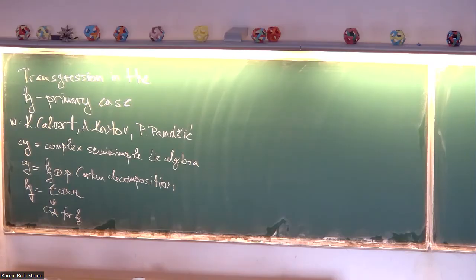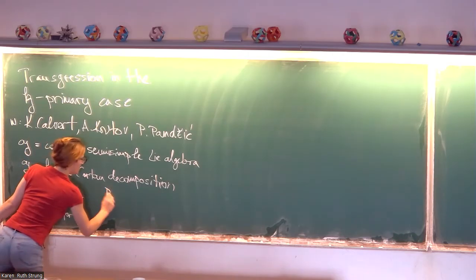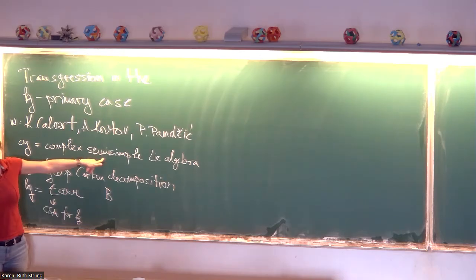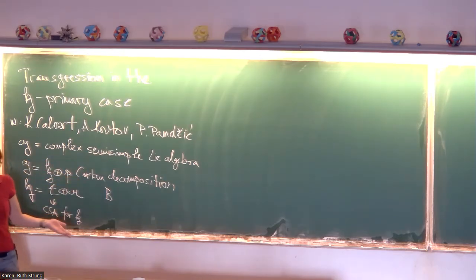Also, I need orthogonality, so let's take B to be a non-degenerate symmetric invariant bilinear form. So if we're working with the semi-simple algebra, it would just be the Killing form.